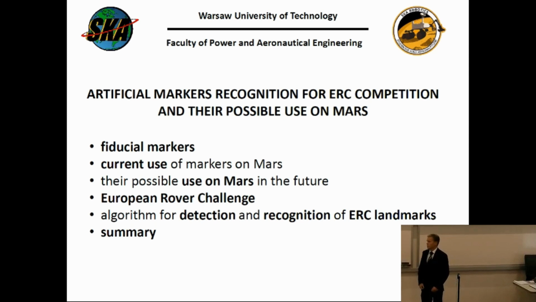I will briefly describe the European Rover Challenge competition and then present my algorithm for detection and recognition of ERC landmarks, how it works, how it performs, and I will present comparison of my algorithm with the already existing publicly available algorithm. And finally, I will summarize my presentation.